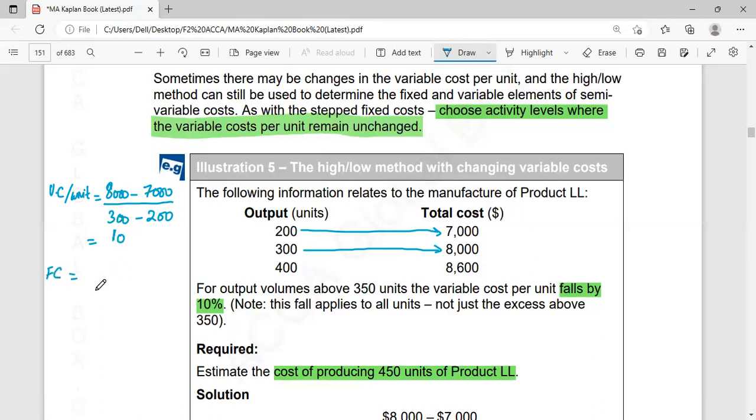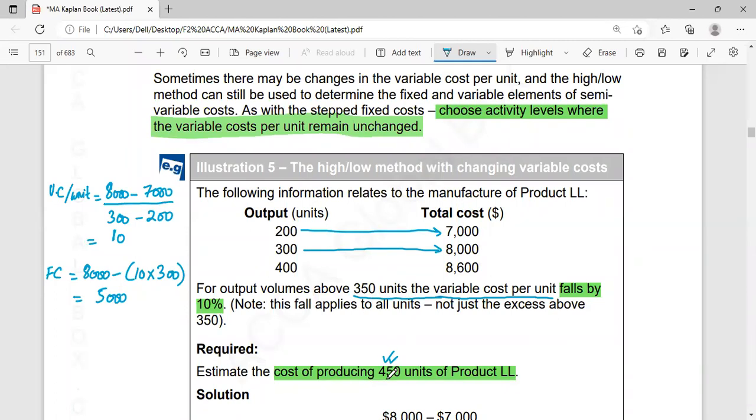Now I will calculate the fixed cost. I will take the total cost, for example 8,000, minus 10 times the activity level of 300. So the fixed cost will be 5,000. Now I need to calculate the total cost at 450 units. And you know that the variable cost per unit falls after 350 units.